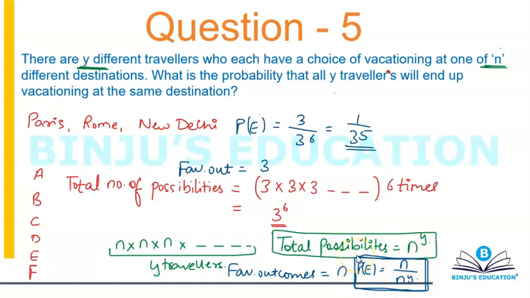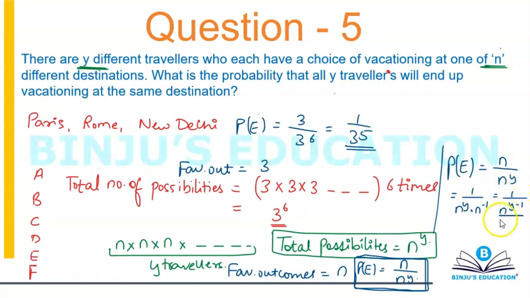Now this has to be rewritten. If this is n by n to the power y, this is 1 divided by n to the power y into n to the power minus 1, and this is equal to 1 divided by n to the power y minus 1. This will be my probability.